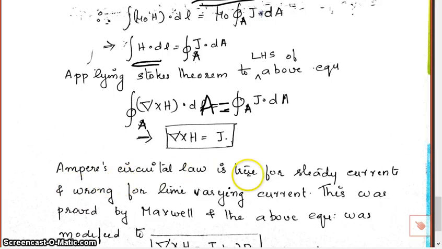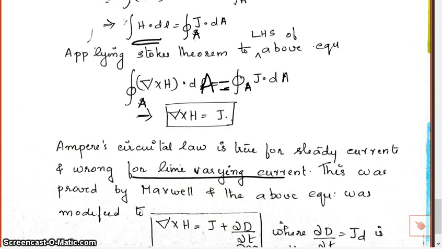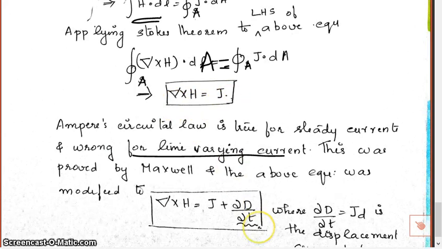Ampere's circuit law is true for steady state and wrong for time varying current. This was proved by Maxwell, and hence the above equation was slightly modified to del cross H is equal to J plus dou D by dou t. Actually del cross H is equal to J is valid for steady current.